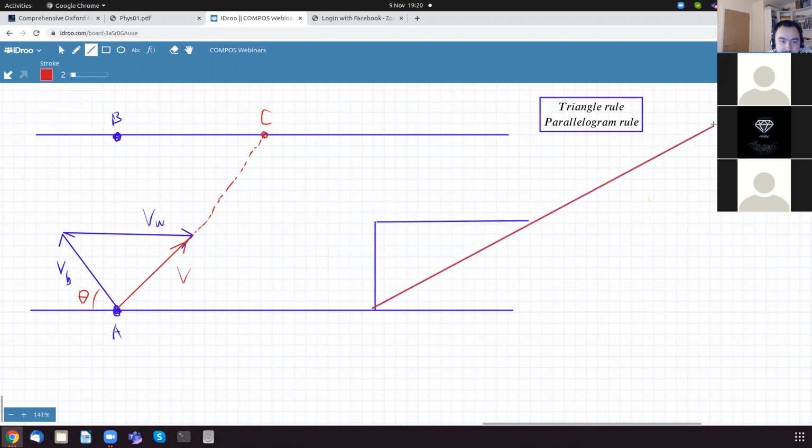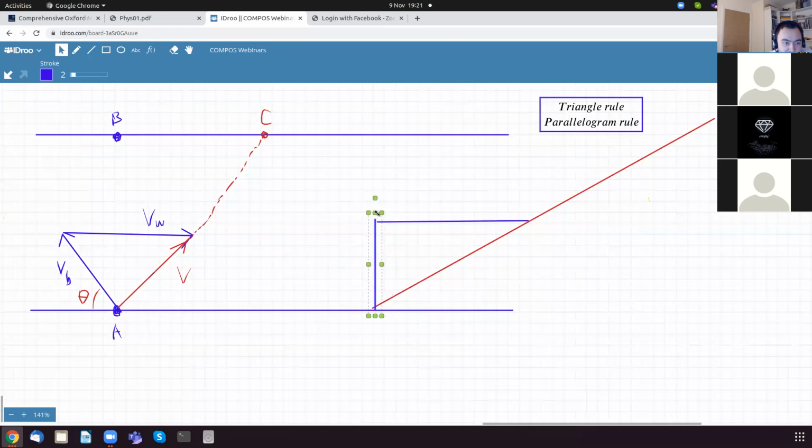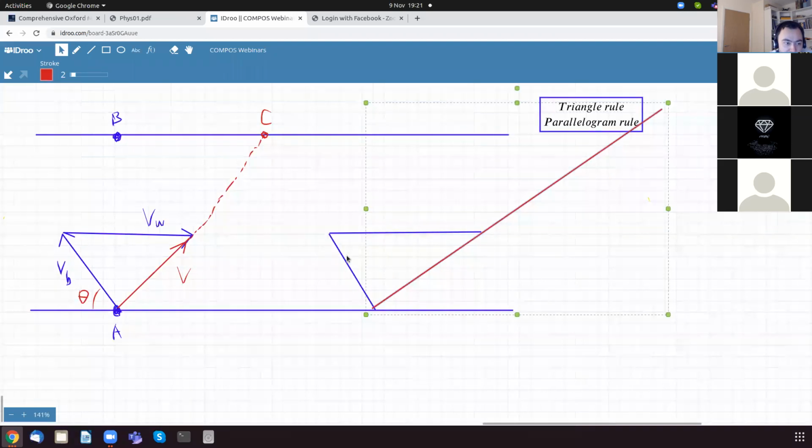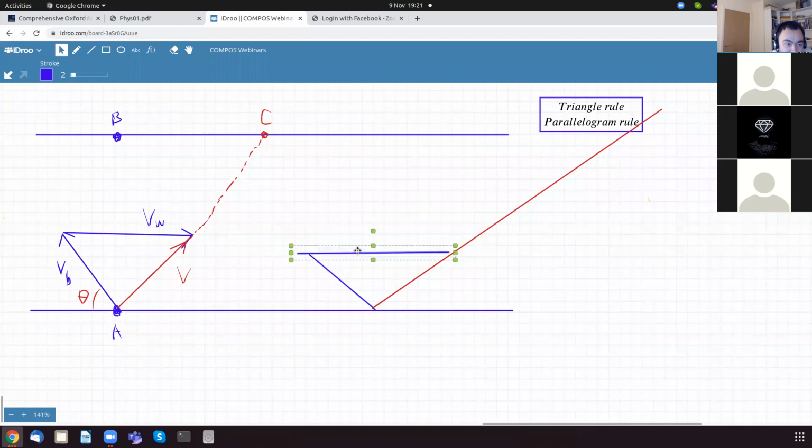So you can clearly see that there is a sweet spot. If you keep fiddling around with this angle, you can actually solve this by trial and error.